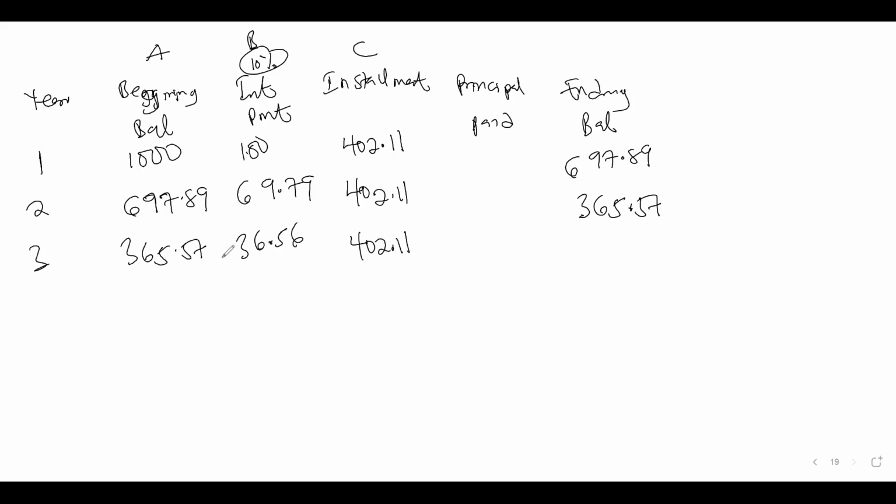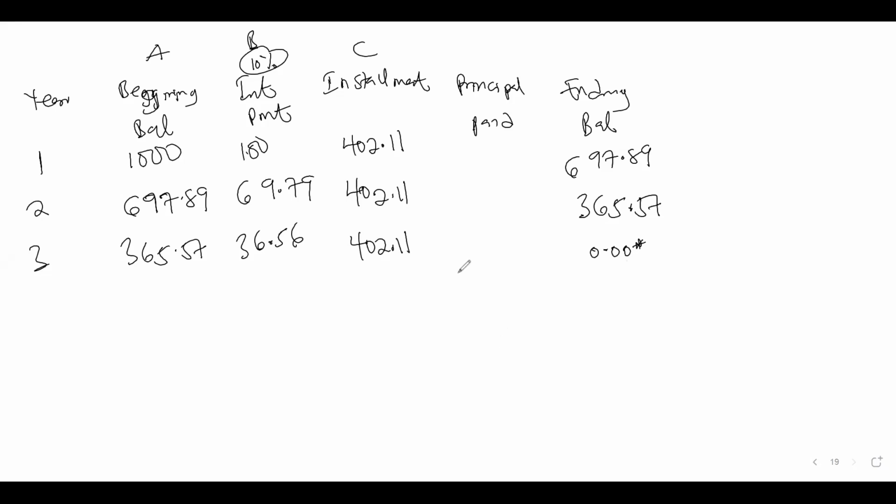So when you add these two, 365.57 plus 36.56, you get 402.13, minus 402.11, you get approximately zero. It's because of the decimal points. So you see that by the end of the third year, you would have finished paying.